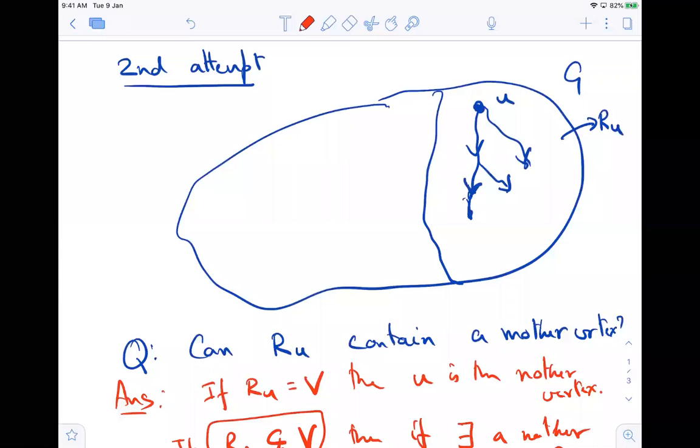Linear time. Can you be more specific? Order of V plus E. Do you think it will really take V plus E?